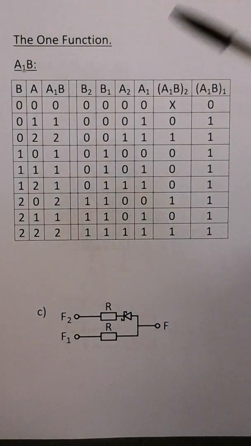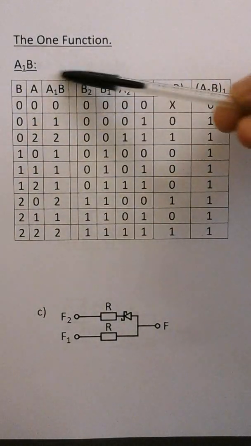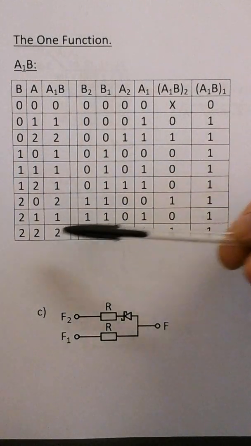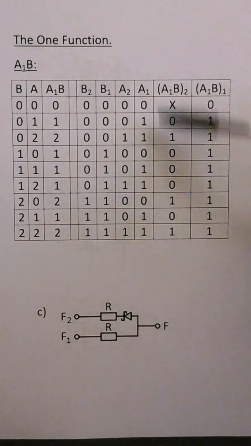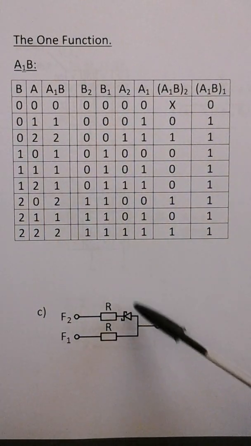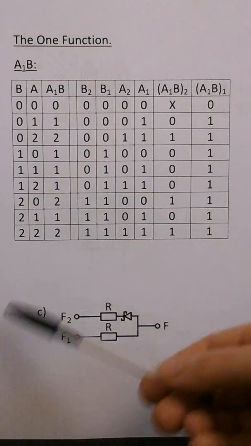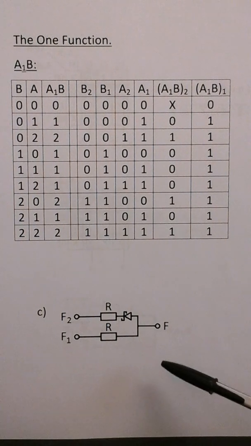Here we have the 1 function. Again, 2 inputs A and B, ternary inputs. A1B here, the ternary outputs. Again, A1, A2, B1 and B2, as before for A and B. I'm using diode resistor network C, which you'll find in my video on binary implemented ternary logic circuits.